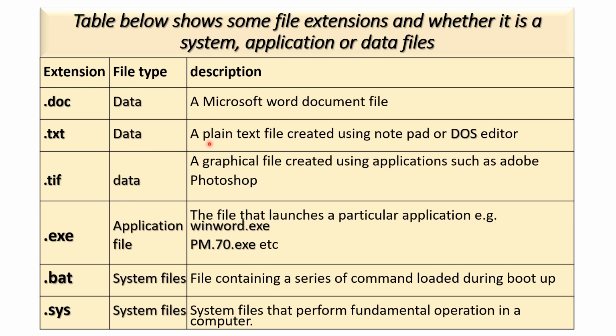It is a plain text file created using Notepad or a disk operating system editor. Sometimes you don't have a word processor, but you can still type a document using Notepad or a disk operating system editor, which will have .txt.